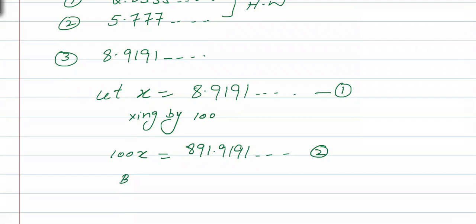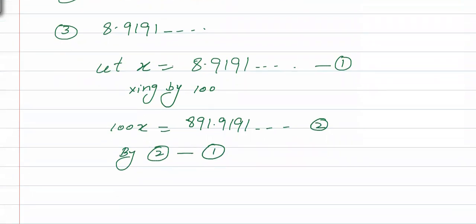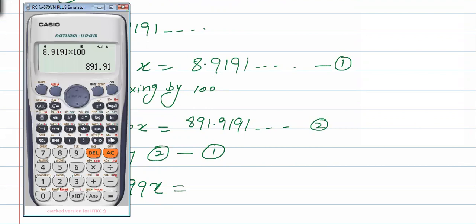Now the next step is you have to subtract equation number 1 from equation 2. From the left side subtract the left side: 100x minus x is 99x, equals this one minus this one. Let's do the calculation: 891.9191 minus 8.9191. Keeping the number of digits after the decimal equal makes your calculation very easy.